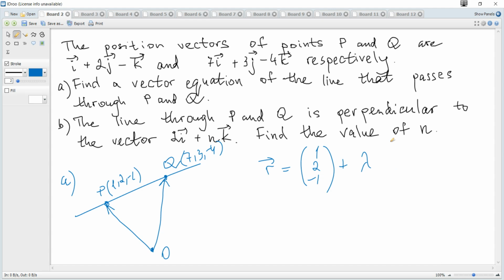A direction vector is a vector of any length. Length doesn't matter, but it is parallel to the given line. It's not necessary that this vector lies on the given line. It may be on another line. It doesn't matter, but it should be parallel to our line.